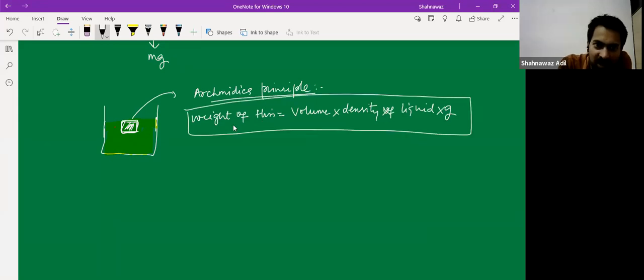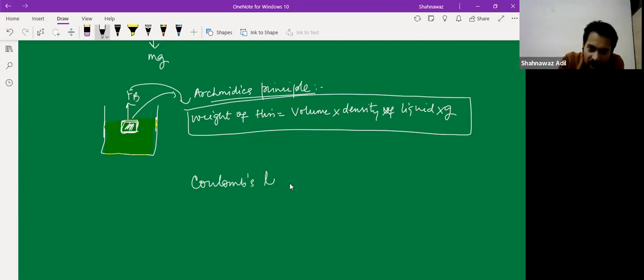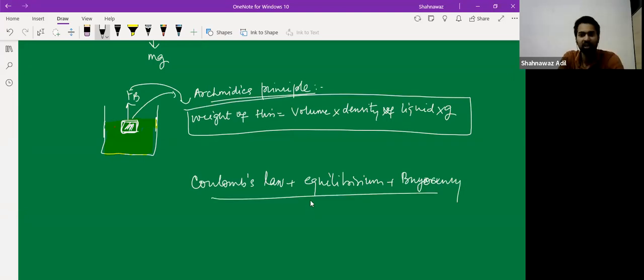So this is the weight which is displaced, and this acts in the upward direction. So this is the buoyancy force that acts in the upward direction, right? So the next set of questions would be the combination of Coulomb's law plus the equilibrium and plus this buoyancy. So let us do some questions based on this.